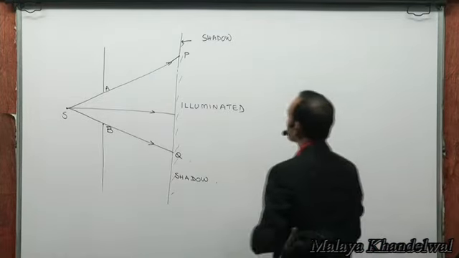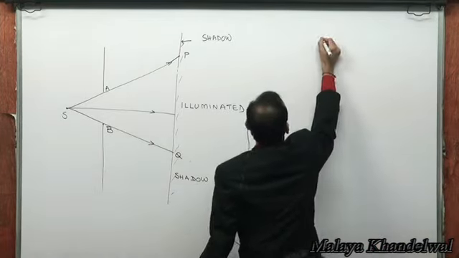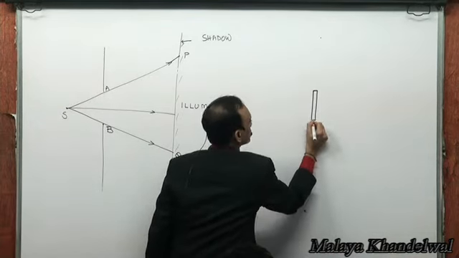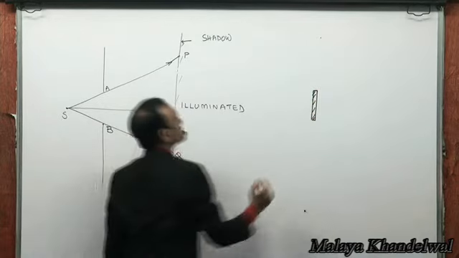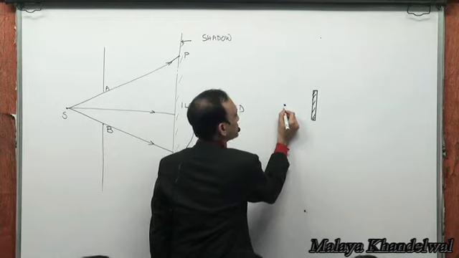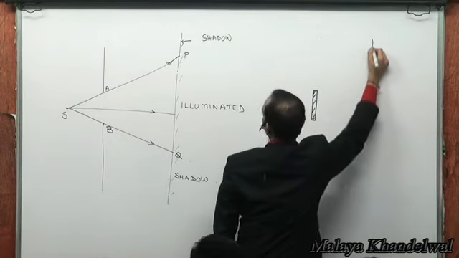Now, similarly, suppose there was an obstacle. Instead of an aperture, there was an obstacle, and there was a source of light S here, and there was a screen here.